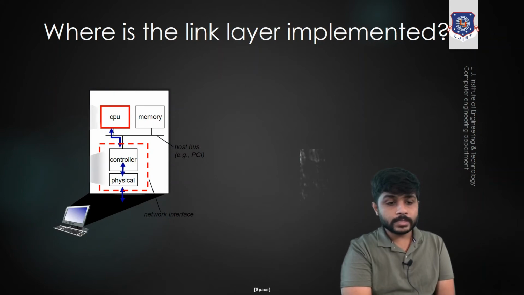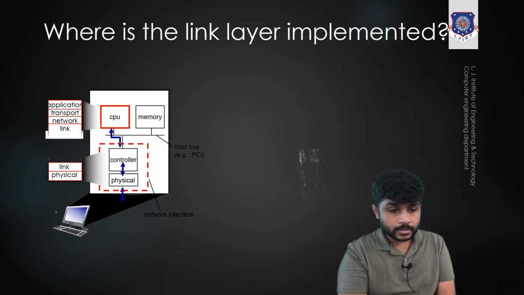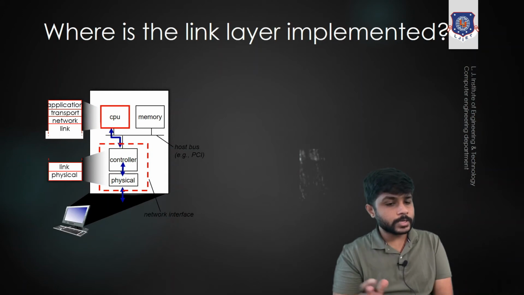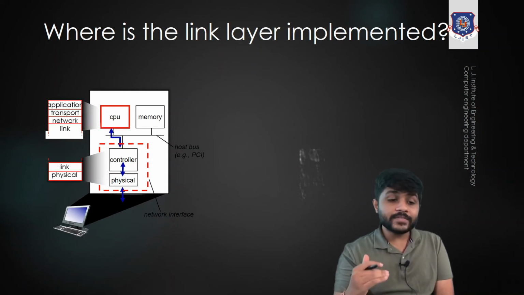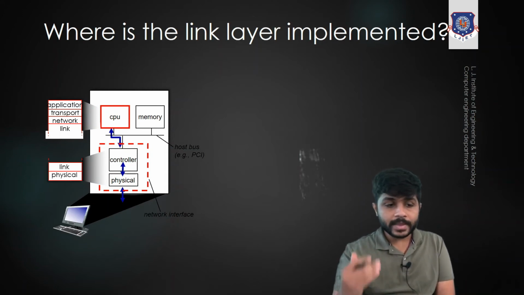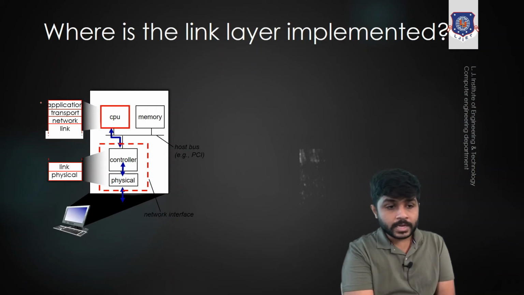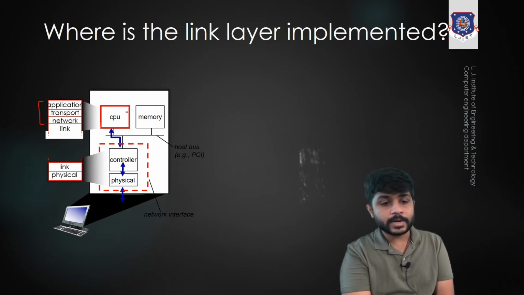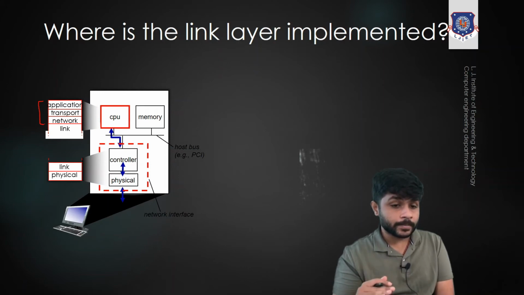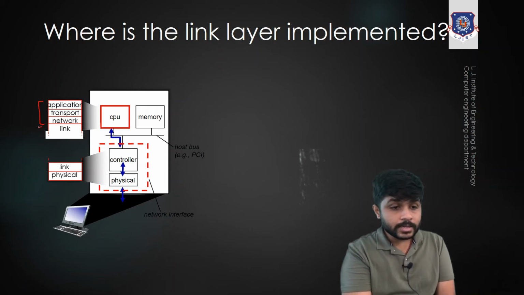So you can see that there is one computer. Now you know that in each and every computer there are 5 main layers: the physical layer, data link layer, network layer, transport layer, and application layer. The network, transport, and application layers are present in the CPU, which means these 3 layers are implemented in software, but the data link layer is implemented in software as well as hardware.